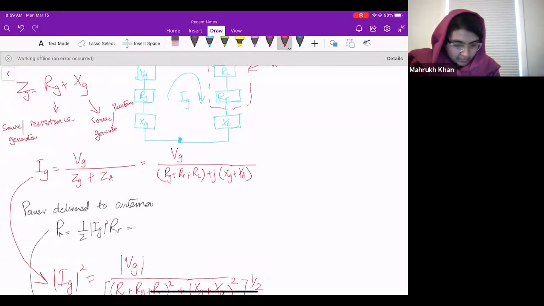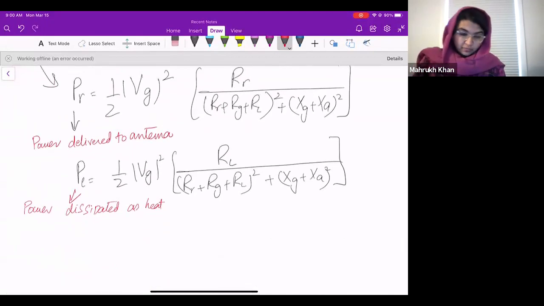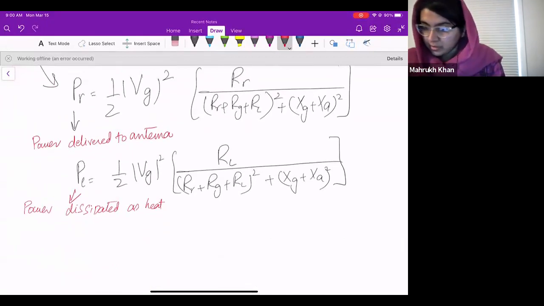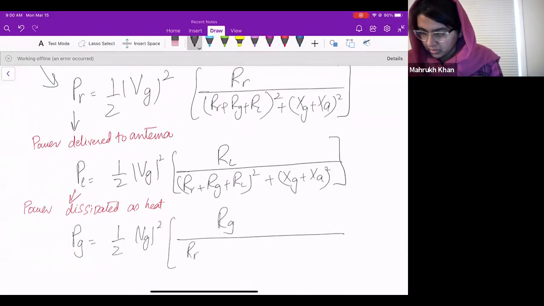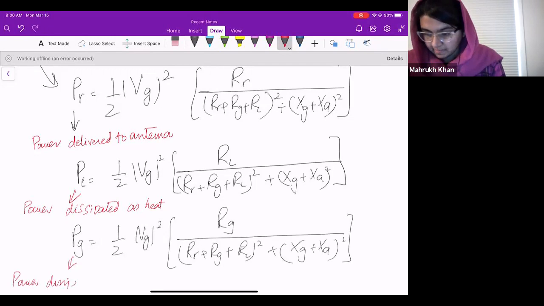Okay, and as we have another resistance, that is RG. So we are saying that PG is 1/2 VG square RG over (RR plus RG plus RL) square plus (XG plus XA) square, where this is power dissipated in internal resistance.